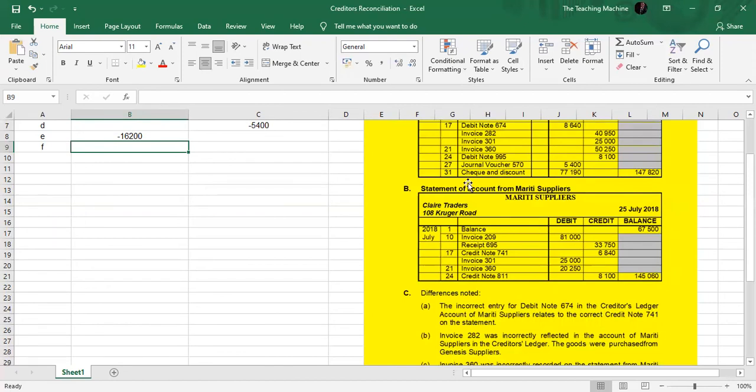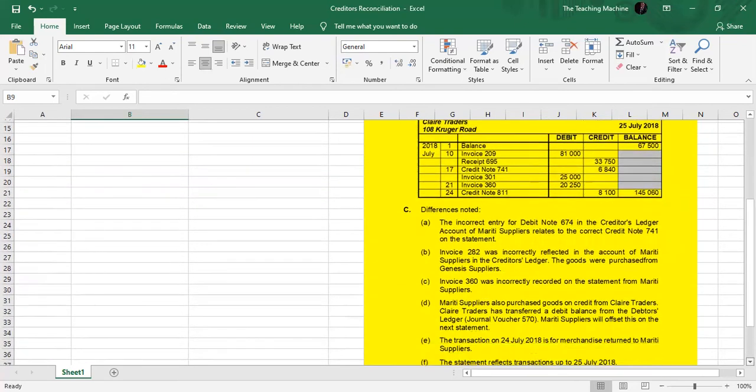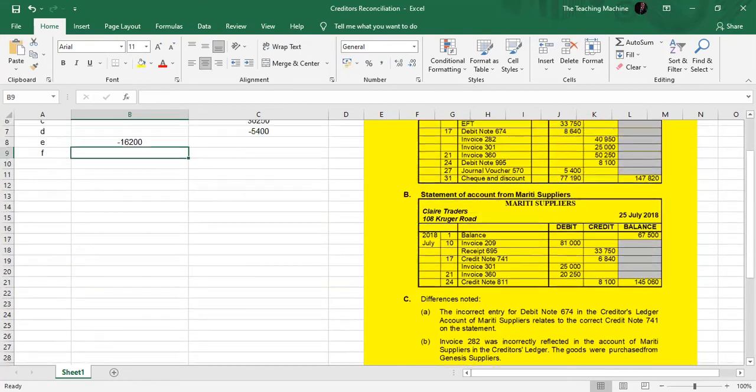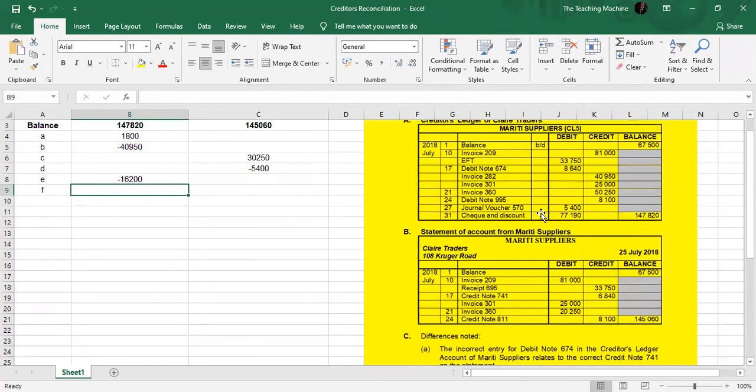Okay, so it means this payment was not recorded at all. So I think they've made a mistake here, not 25, but until 24. Yes, up until 24 July. Because if you check here, it's up until 24 July. But this payment made by the business was not recorded.